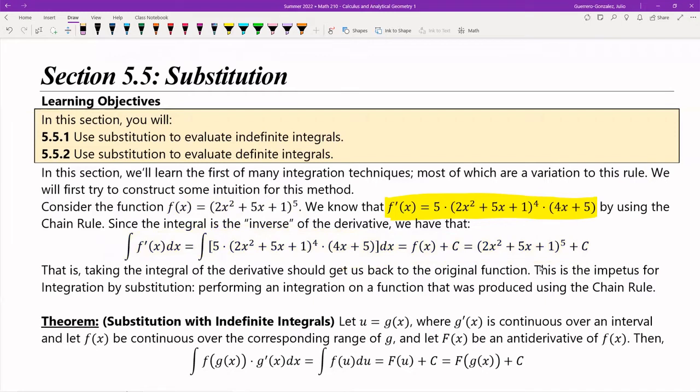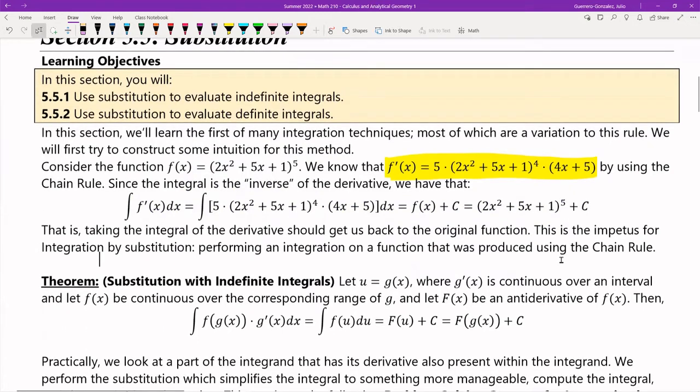That is the impetus for integration by substitution. What we're essentially doing is performing an integration on a function that was produced using the chain rule. So essentially, U substitution is basically undoing a chain rule derivative, okay? That's why we need it.